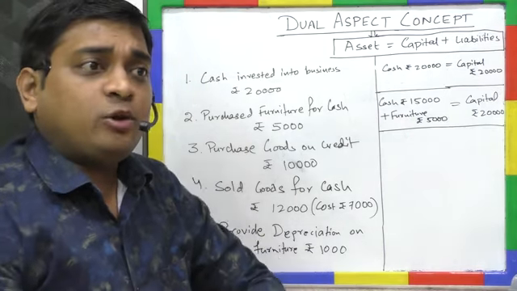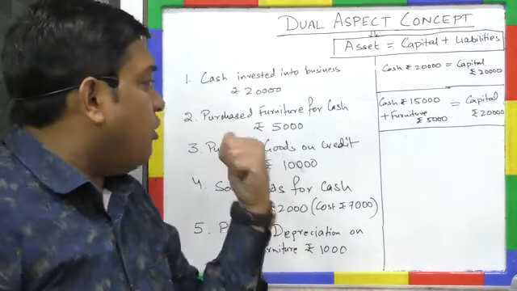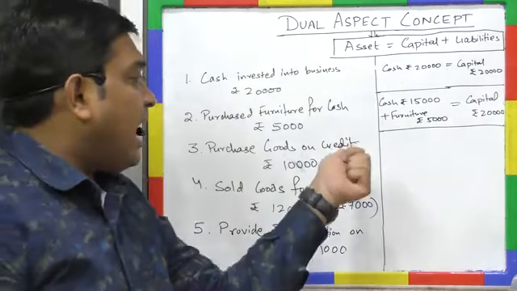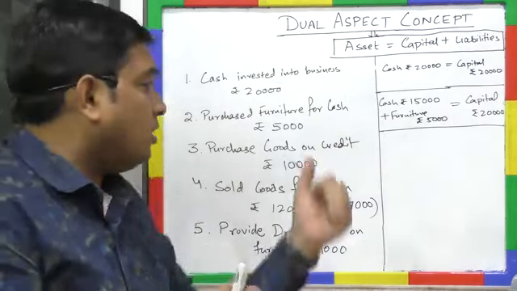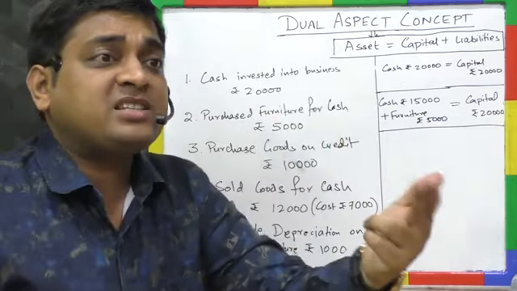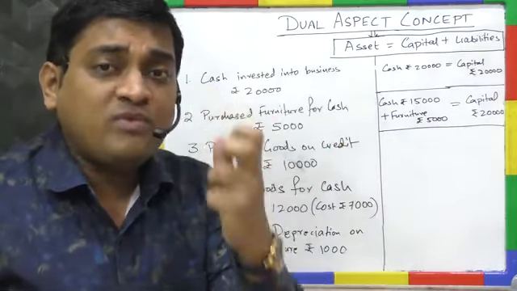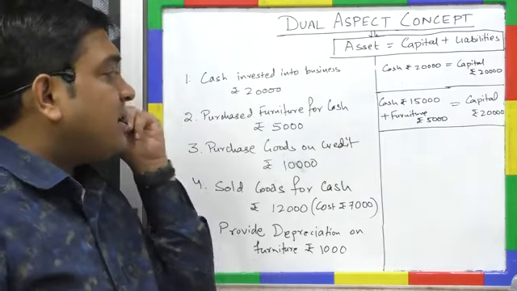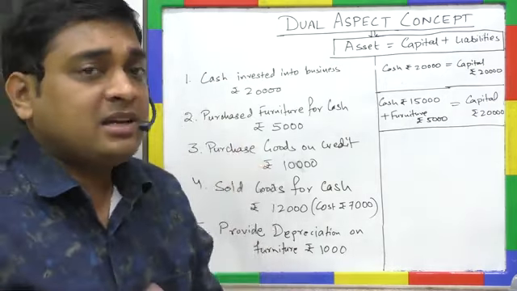Next, purchase goods on credit rupees 10,000. Now you can see that goods is a resource. You are getting goods, that is stock. And who is the provider of that stock? The person from whom you have purchased it on credit, and from whom we purchase goods on credit is known as creditors. So goods is a resource and the provider of such goods is the creditor.